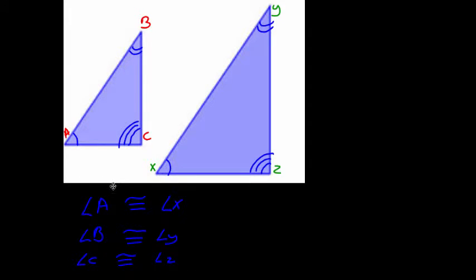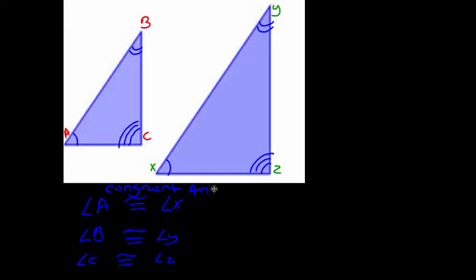So these are congruent, okay, that's how we do that. Excuse me, I wrote the wrong word. I mean congruent angles, not sides, because they're not sides.